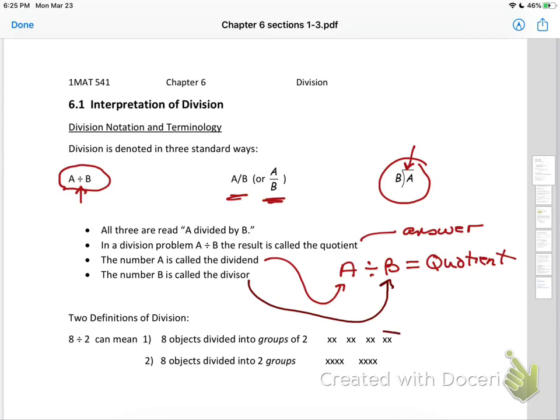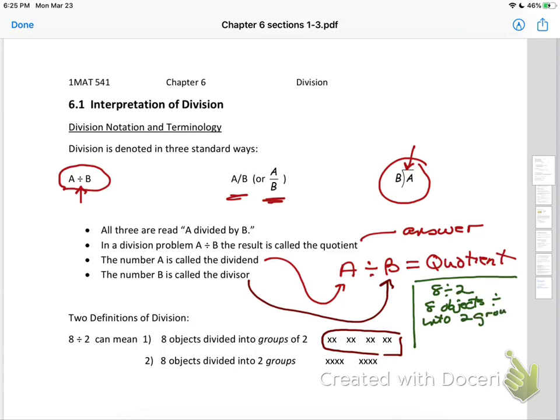In your handout, you can see that 8 divided by 2, same number sentence, can also mean 8 objects divided into 2 groups.